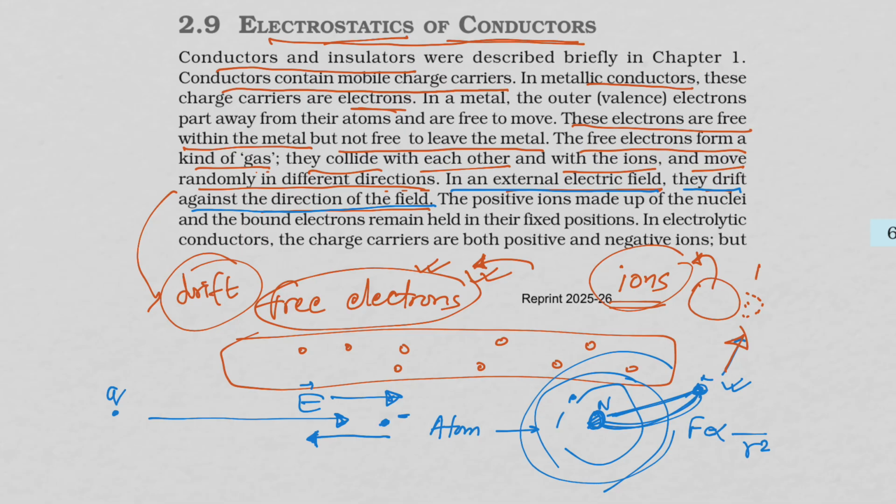These ions are positively charged ions. So that's why the conductor can be positively charged as well. And whatever topics we cover now will have both kinds of charges, positive and negative.